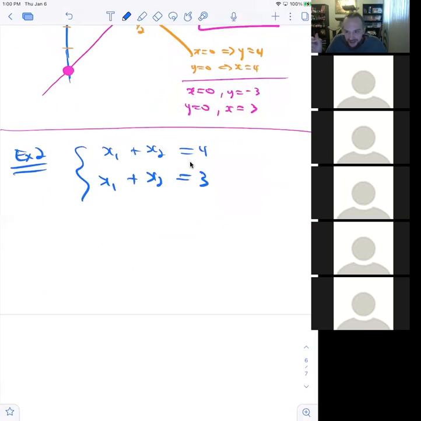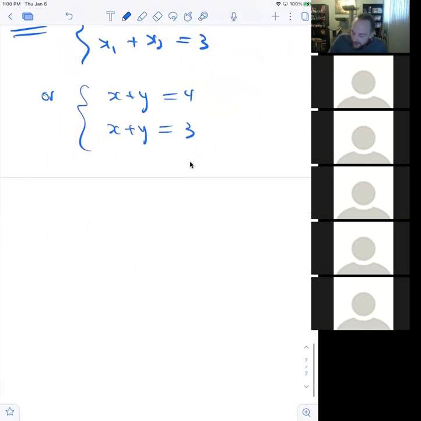These lines are parallel. If we look at this, you can rewrite this as... and then what we're asking when we say solve this, we're asking: find all points in the plane that are on both of these lines. But these lines are parallel because they have the same slope.